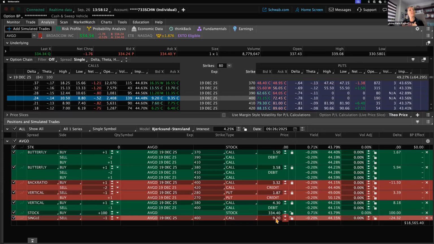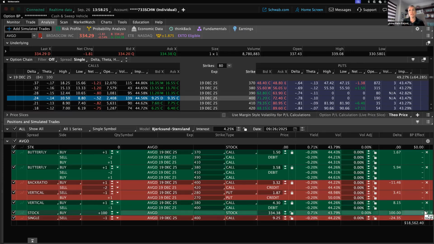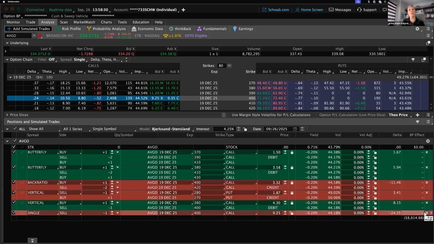But if it does nothing, then all your credit space is just sitting there locked up. And that takes a fair bit of margin. It's going to take 18,000 bucks to take that position on. So not what I would ultimately do in that space, but there's the choice for that one.